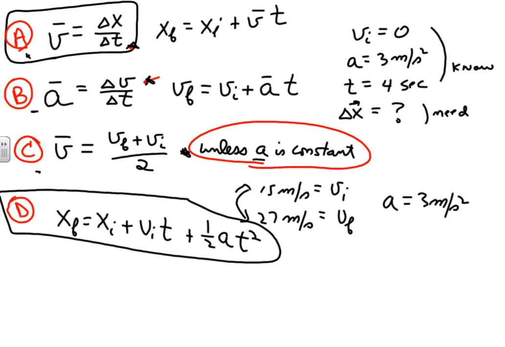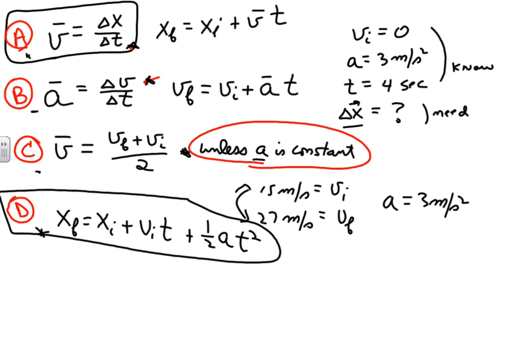Now let's have some fun. Let's pretend you didn't know equation D existed. Ignore that for a minute. Look at equations A, B, and C. How would I find how far? What's the only equation with how far in it? What's the only equation with delta x in it?